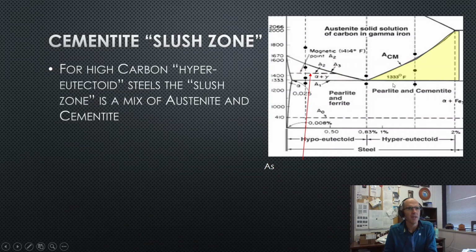So on the other side of the chart, we've got a cementite slush zone right in here. And in this region, we're still going to transition into austenite because everything up in this region right in here is austenite. But what's going to happen as we go through this way, we're going to have some cementite form right in here.